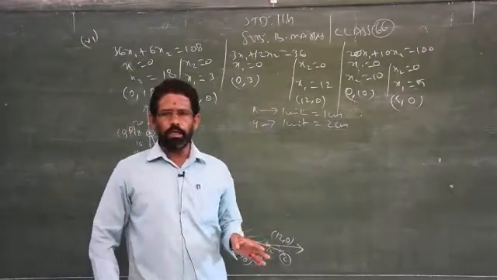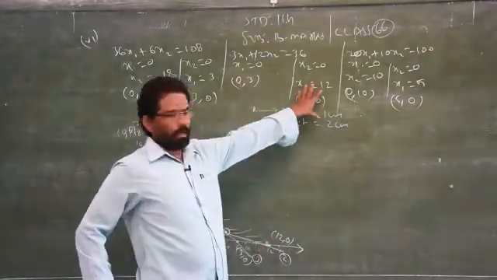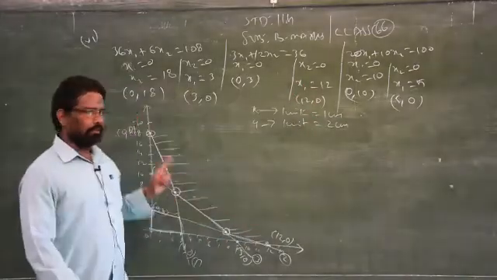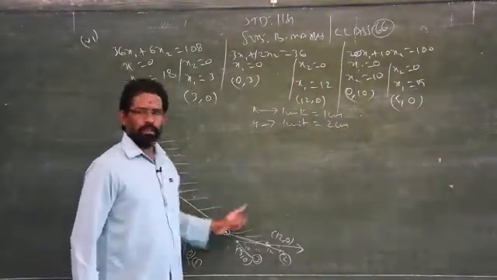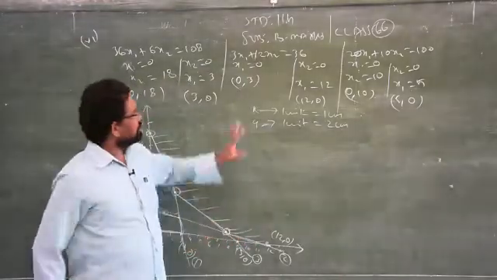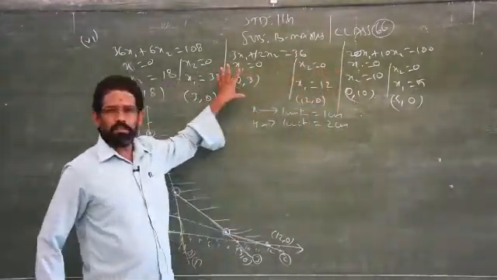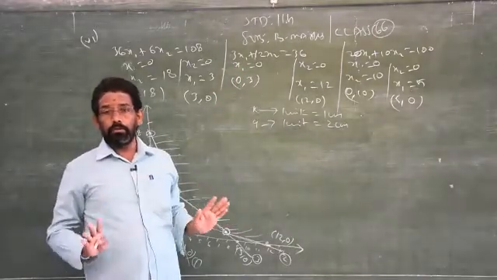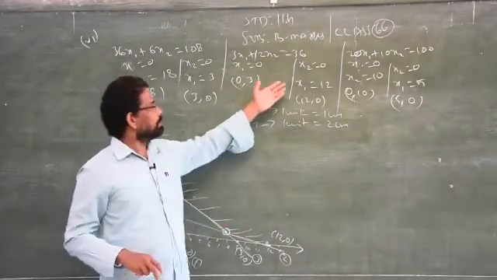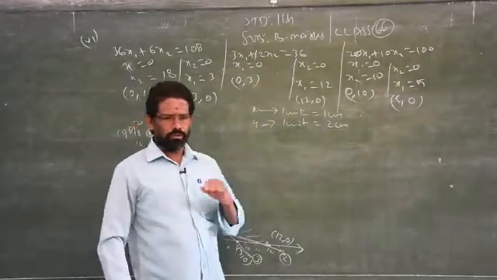Clear? I told you already, there are no marks for finding the points. You have marks only for the straight line, region, intersecting points, then the answer. These do not carry marks. Even the elimination method does not carry marks. So don't think that these processes and the elimination process carry marks.